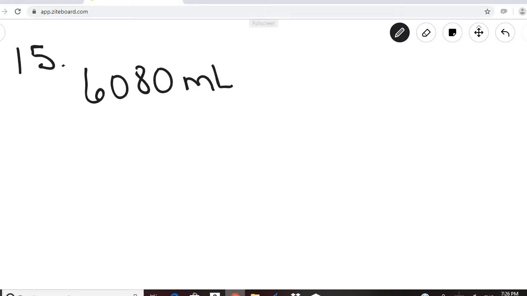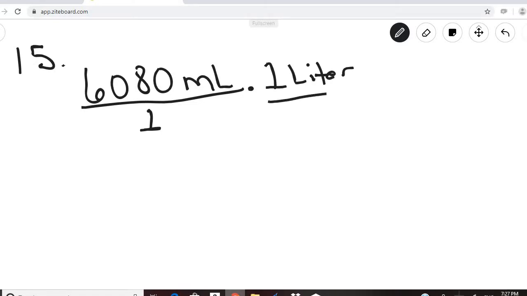So we can actually do this with a two-step conversion. So the number that we want to convert, we put over 1. And then we know that 1 liter is equal to 1,000 milliliters. So the milliliters are going to cancel.